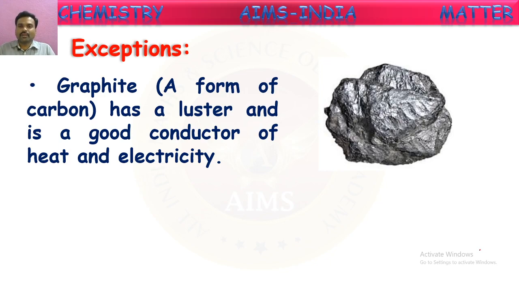We told that non-metals are bad conductors and non-lustrous, they won't shine, but one of the exceptions is graphite. Our pencil leads, that black substance, is made of graphite. It is shiny, and it is a good conductor of heat and electricity, whereas the remaining non-metals are bad conductors. That is one exception.